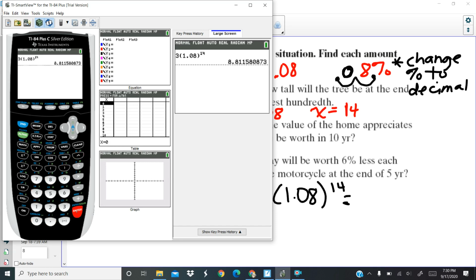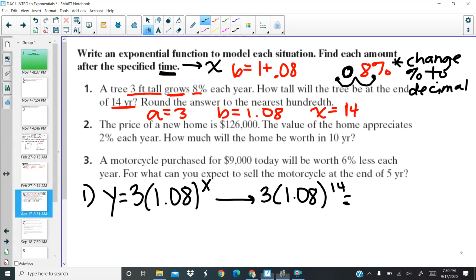Whenever I type that into the calculator, I end up getting 8.81. So that would be the height of the tree after 14 years. It would be 8.81 feet tall. So that's example 1. And then I want to go ahead and try to do example 2.